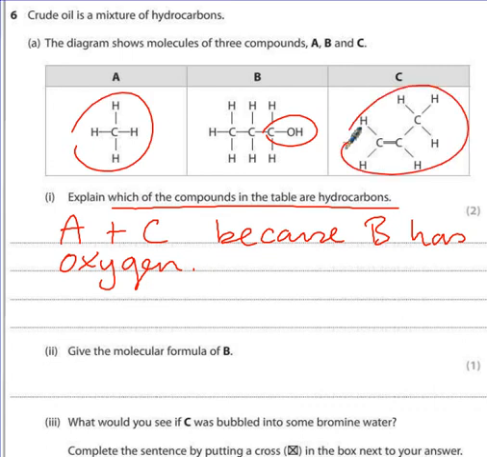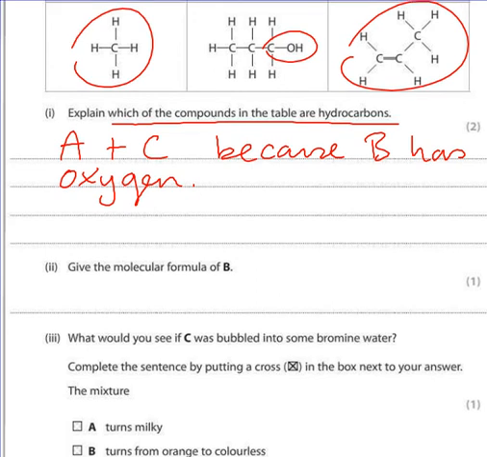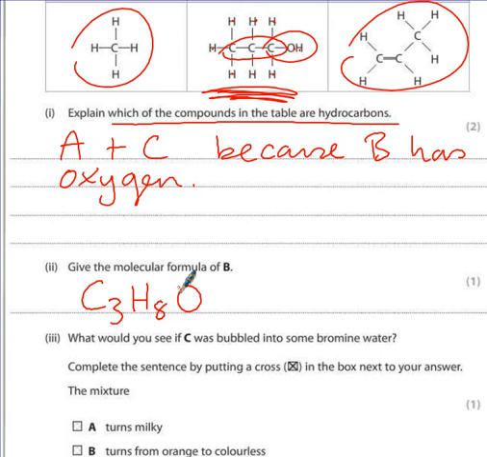Right, give the molecular formula of B. Looking at this one here, it's got 3 carbons. It's got 1, 2, 3, 4, 5, 6, 7, 8 hydrogens and an oxygen. Now it wants the molecular formula, so C3H8O.